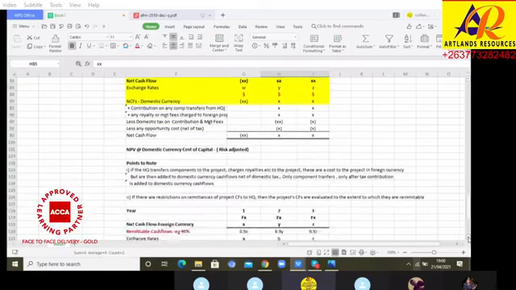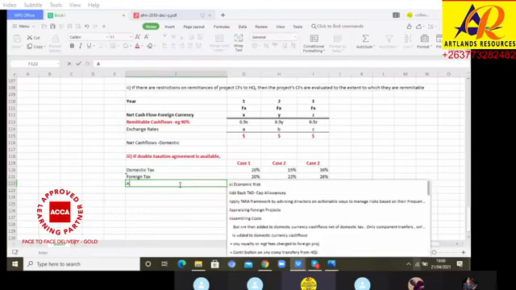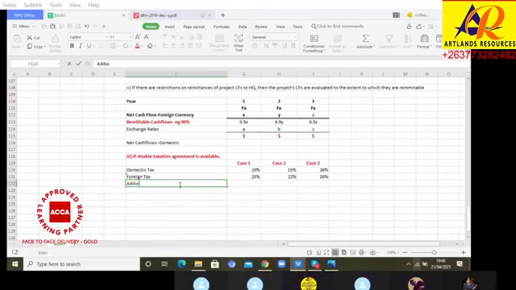So it will be like this. Under case 1, do we have to pay additional domestic tax?